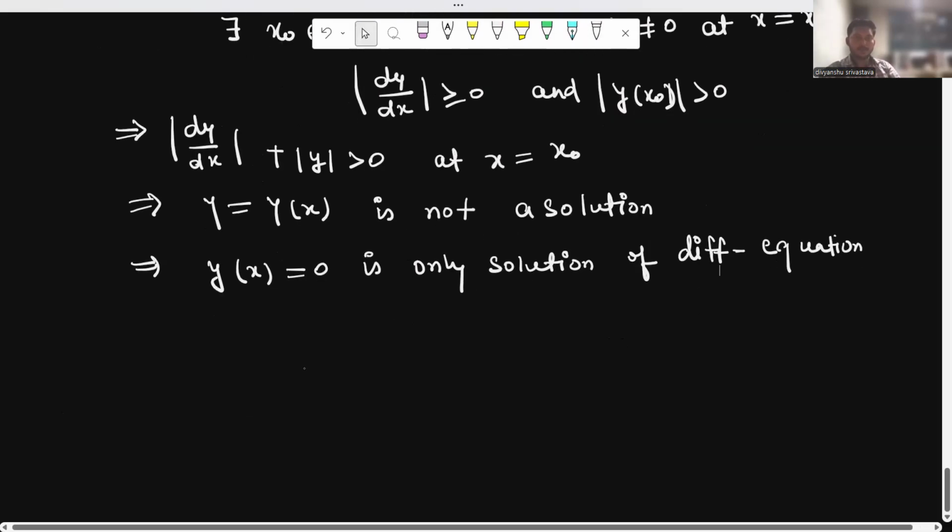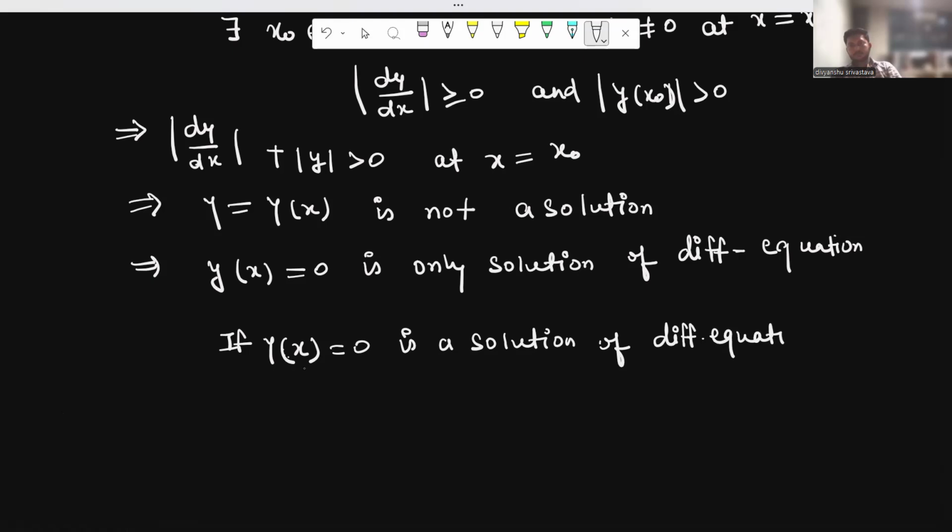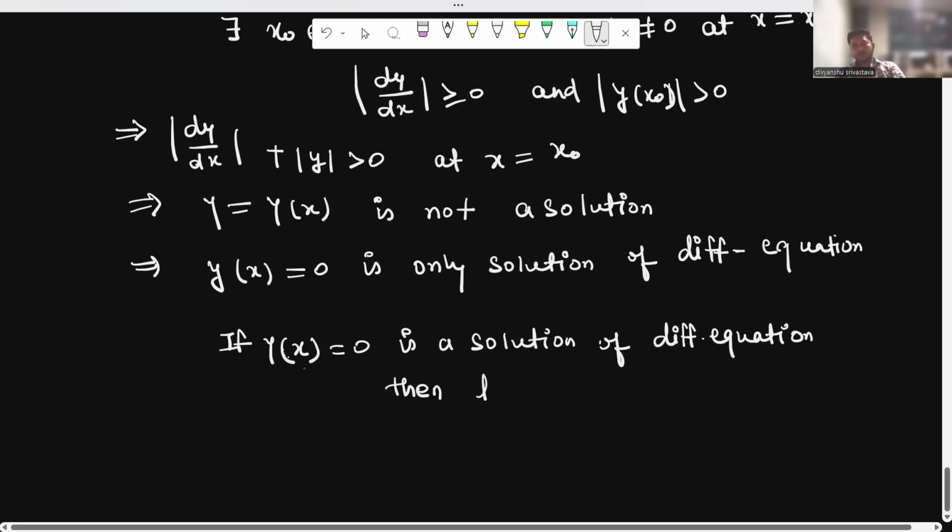And the second thing, very important: if y(x) equal to 0 is a solution of a differential equation, then it is a trivial solution.